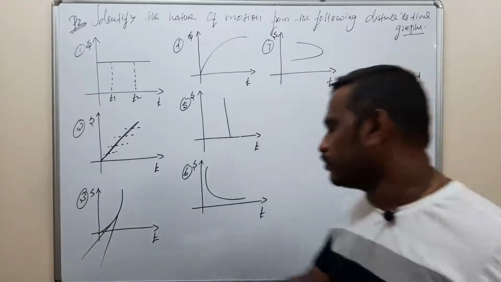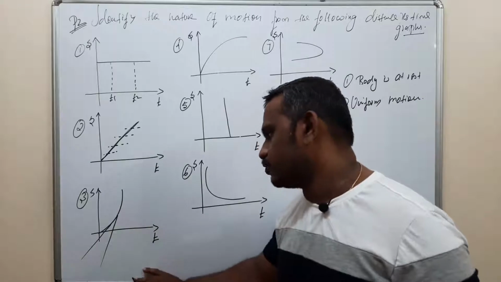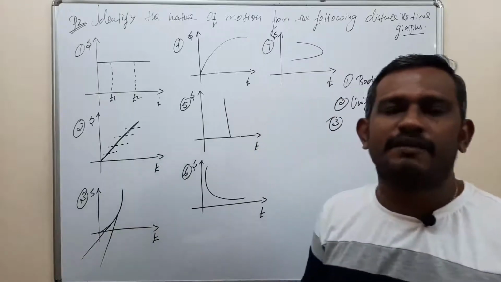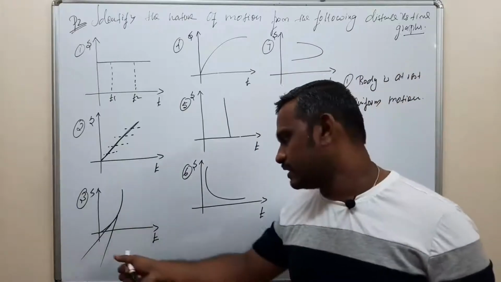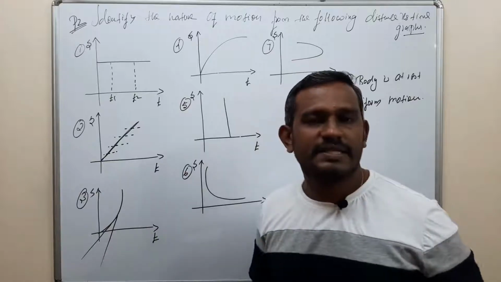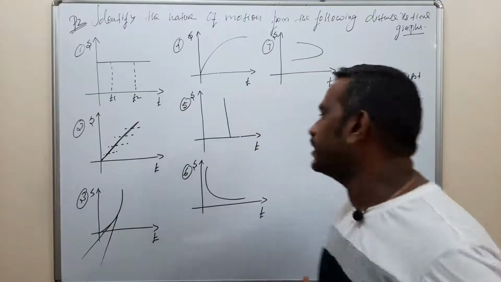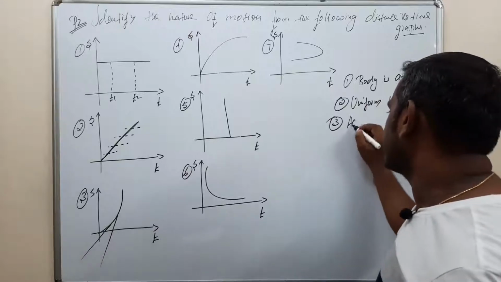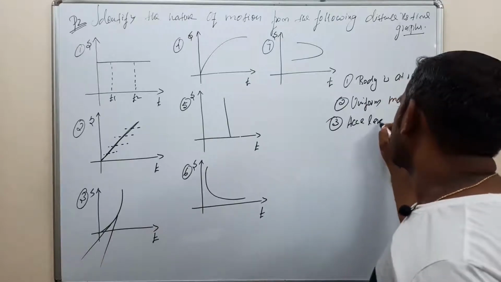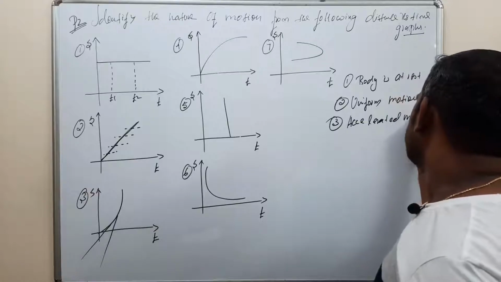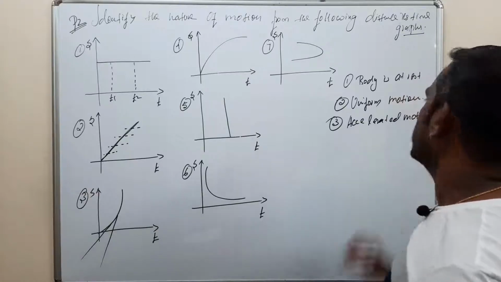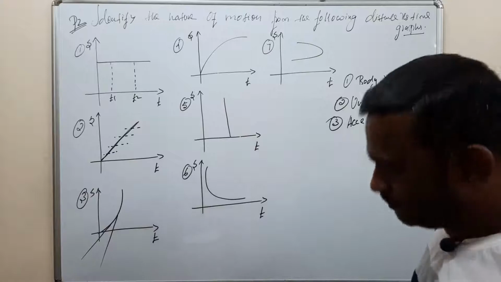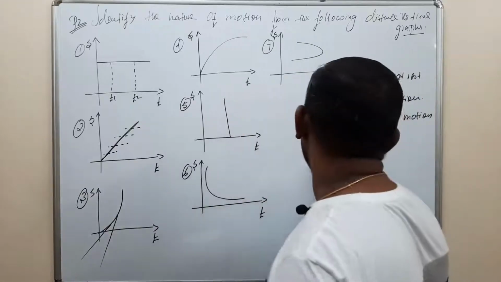As the time goes on, the slope increases. The slope of the distance time graph gives the speed. Since the slope increases, speed increases. That means it is accelerated motion. Yes, accelerated motion.